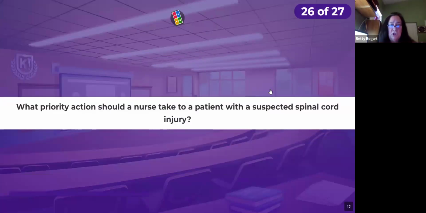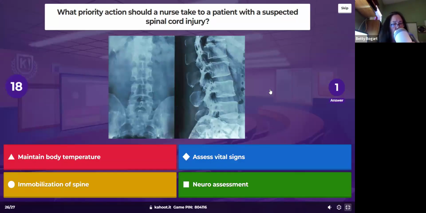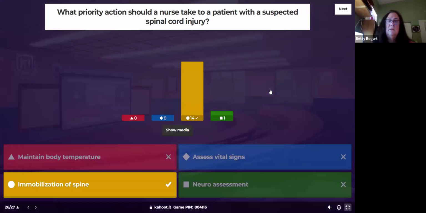What priority action should a nurse take with a patient with suspected spinal cord injury? Whenever you suspect anything with the spine, it's always immobilize the spine and protect it.